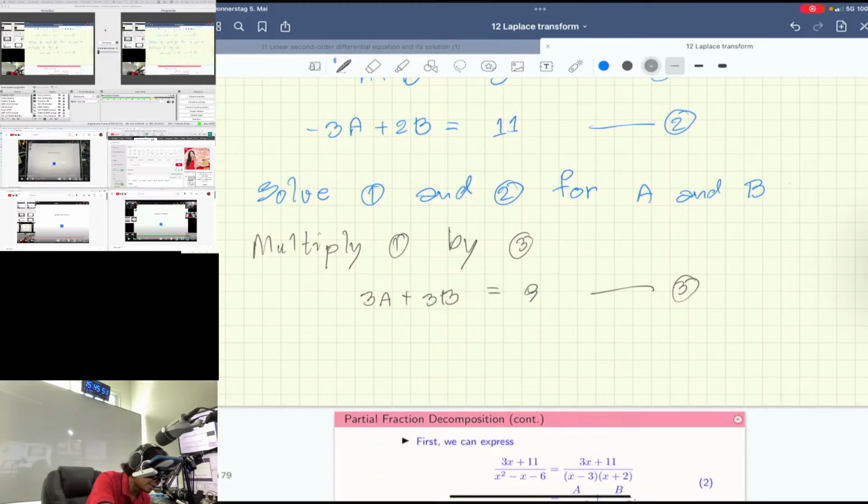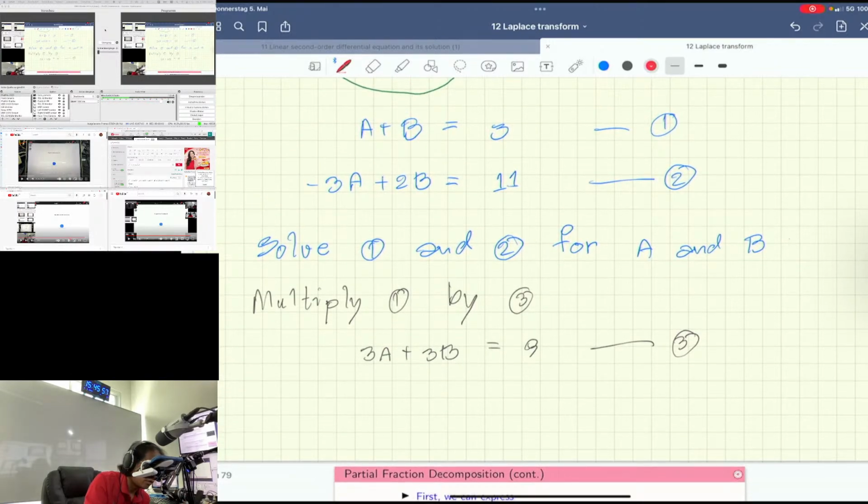Our next step is to add equation number 3 to equation number 2. You're going to get 5b equal to 20, and it means b equal to 4, right?